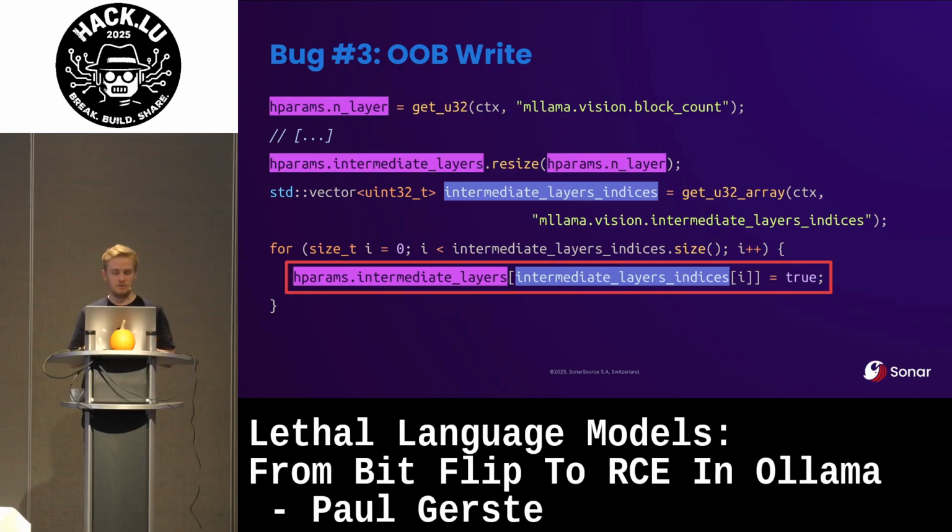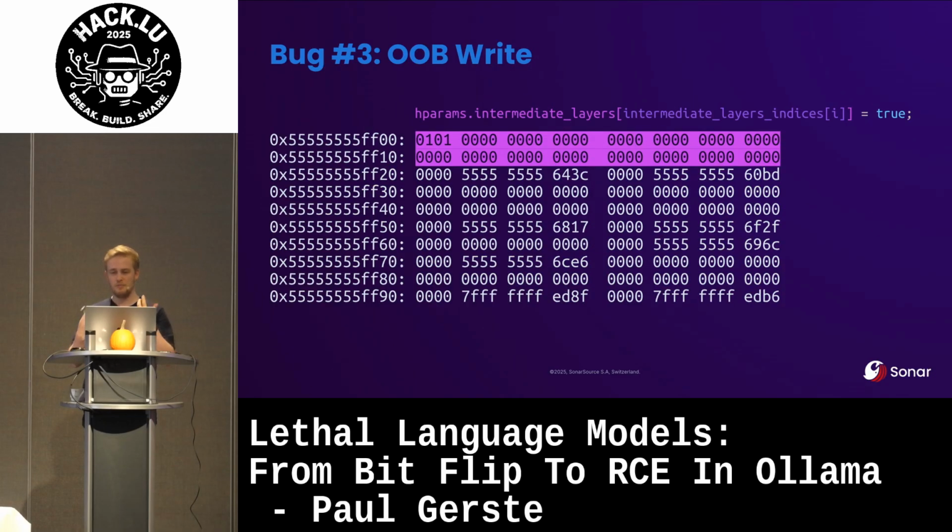So this statement essentially, as an attacker, lets you tell Ollama to please set this element at this offset to true, and it can be entirely out of bounds, a very large index, while the vector is very small. So I was like, oh, nice, I can set bytes right out of bounds. And in my interpretation, on the memory level, this looked like this.